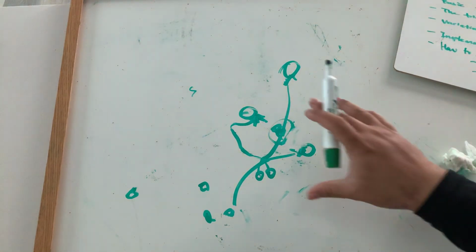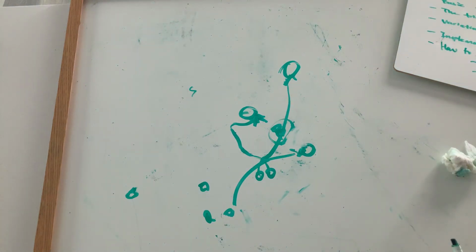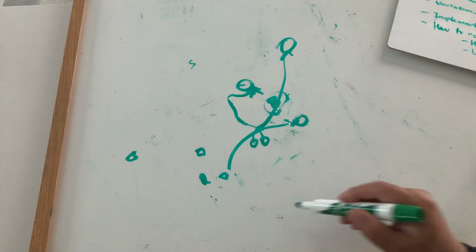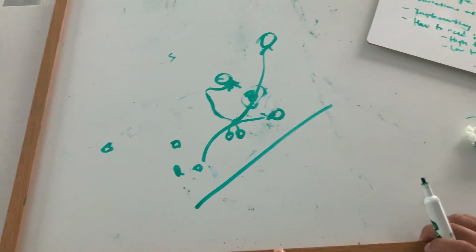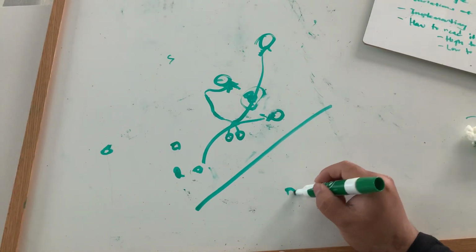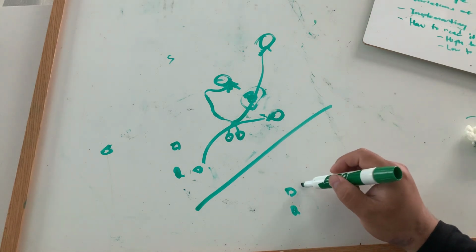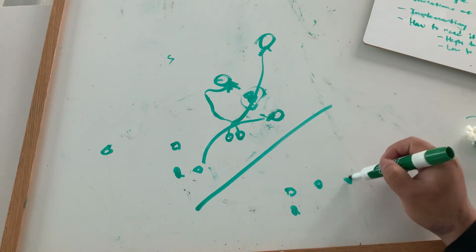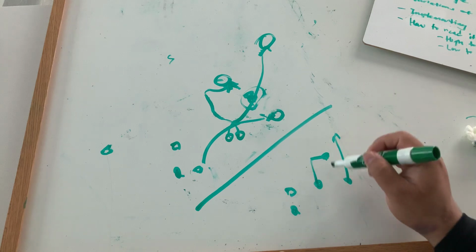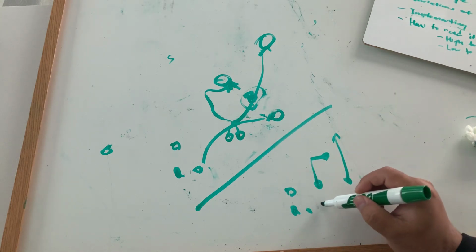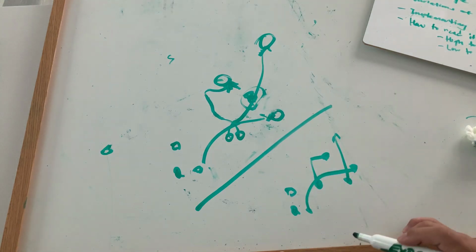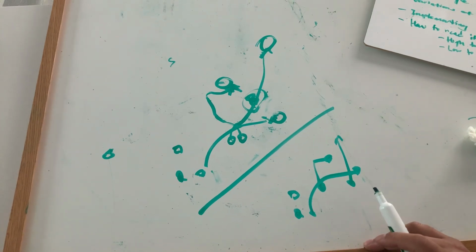Before I move on, and I'll use this as an example, it's so important to have the correct spacing and timing in this play. Here's why, because a lot of times, and I'll kind of draw it down here for a second, and I've made this mistake before as a quarterback coach and an offensive coordinator, you just draw this out for kids and they see it, and so they run it exactly how it's drawn up.